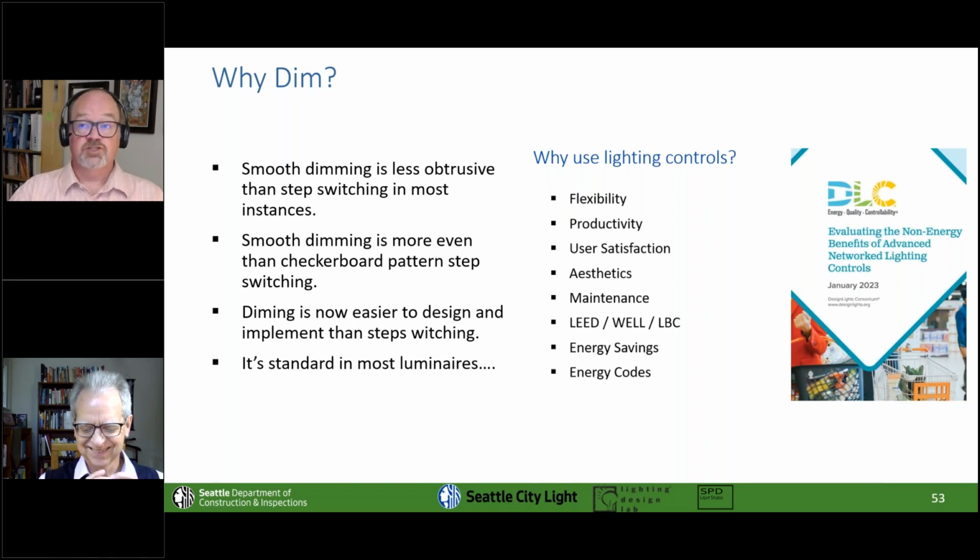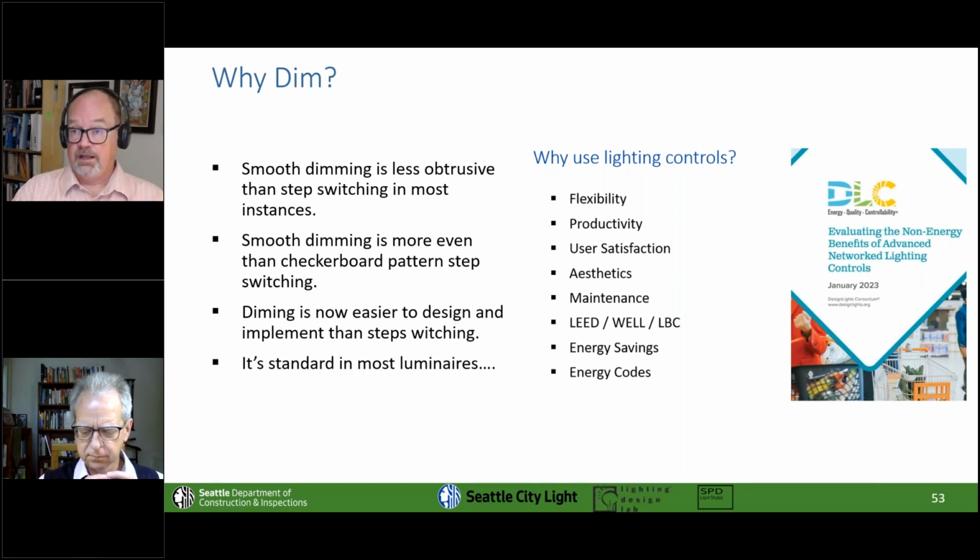I did a project for a shoe company down south of the border a couple years ago, and the managers swore up and down that we were not going to do dimming controls in their parking garage. There was going to be step switching. Great, you can pay extra for step switching for those fixtures if you want, but that's non-standard at this point.